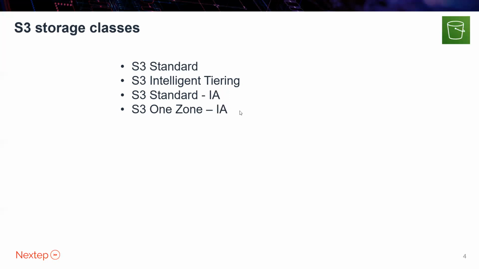But your document or picture, whatever that object is, will still be redundantly copied within the same availability zone, in 3 locations. So you will get the same redundancy, the same durability, the same 11 nines durability.